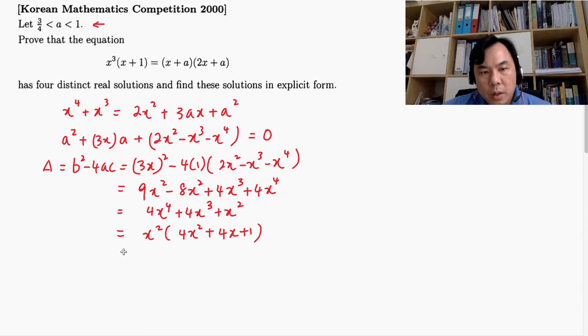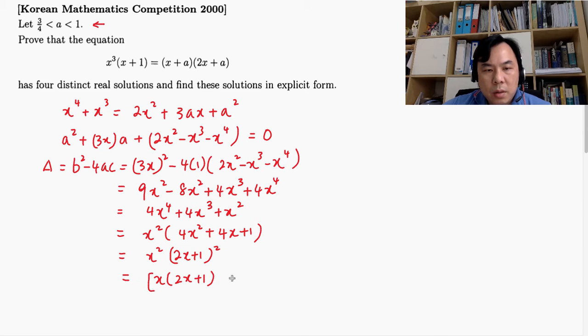This way. And then thereafter, we can factorize it again if we can. From here it is quite obvious, it is this. And then we can simplify it as this. And finally, we can write it as 2x squared plus x, all squared. So I hope the first part is okay.